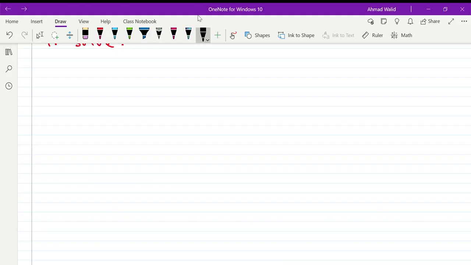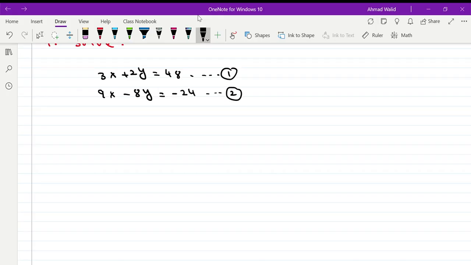Let me copy it back. 3x plus 2y equals 48, this is equation number 1. Equation number 2, 9x minus 8y equals negative 24. I want to eliminate x as I did before for you. What I do, I will multiply my equation number 1 by negative 3, correct?